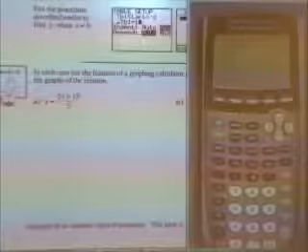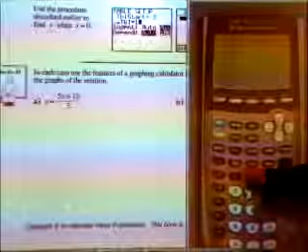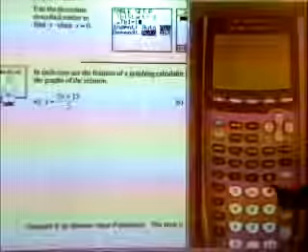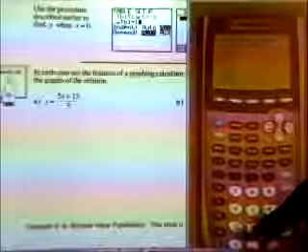Open up your set of brackets, and then it would be 5x plus 15, then close the set of brackets. And then that would be divided by 3.